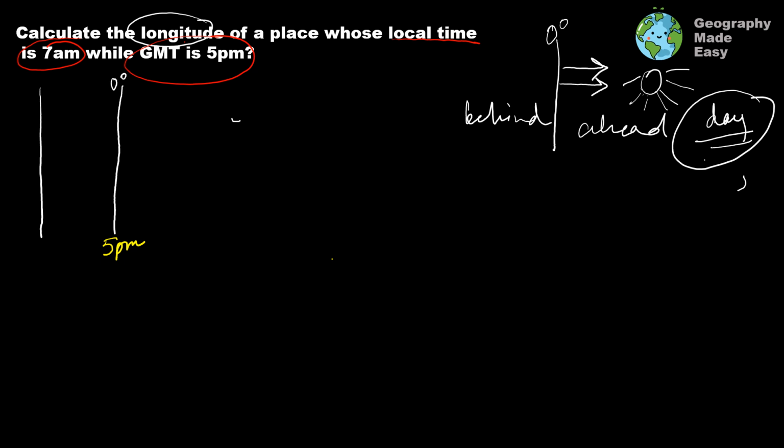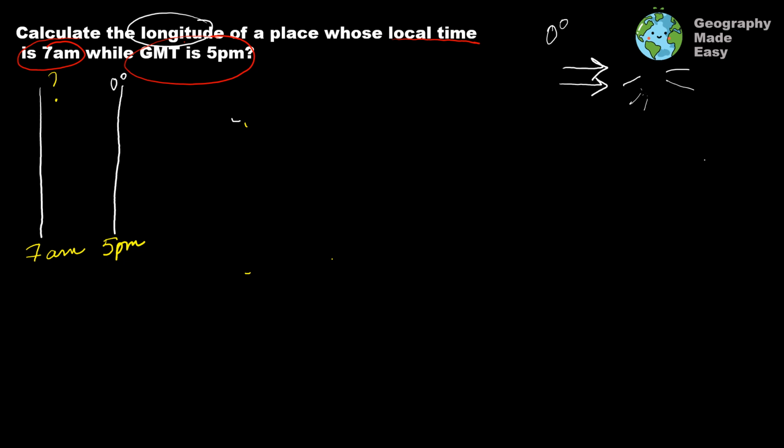And what is the local time given here? It is 7 a.m. So I have to find out the longitude. Let us do the sums step by step and see where we arrive.